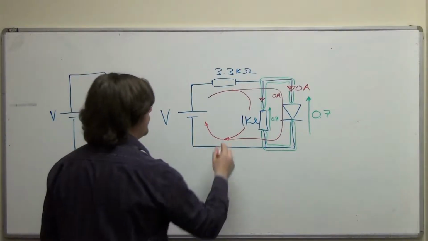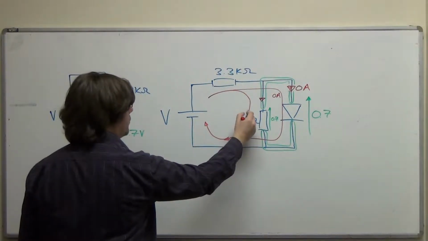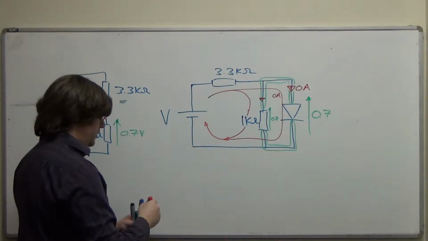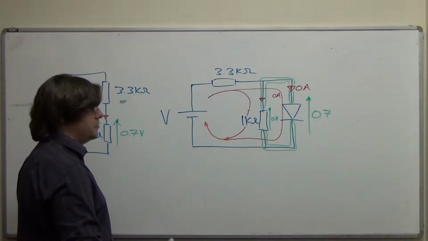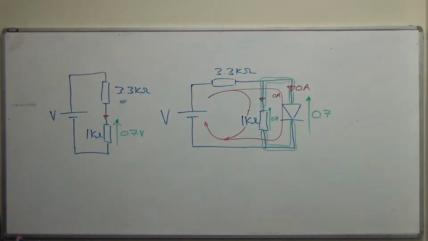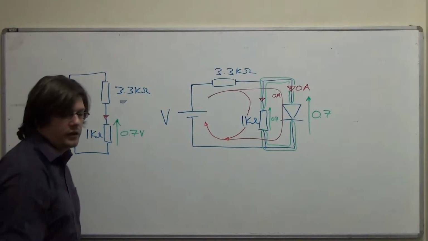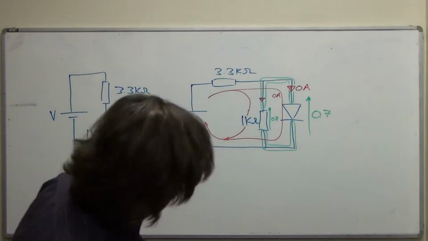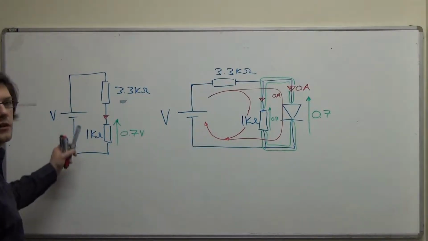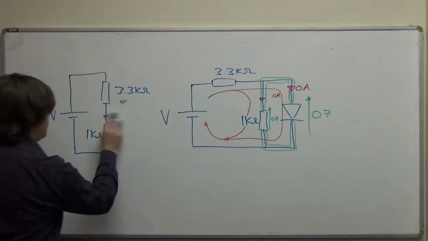But this loop here, we can figure out what current we have there, and we can do Ohm's law on the resistor. That's the same thing as in this circuit, but I'm going to carry on over here because I don't think this simplification is entirely necessary. It just illustrates what we're doing.